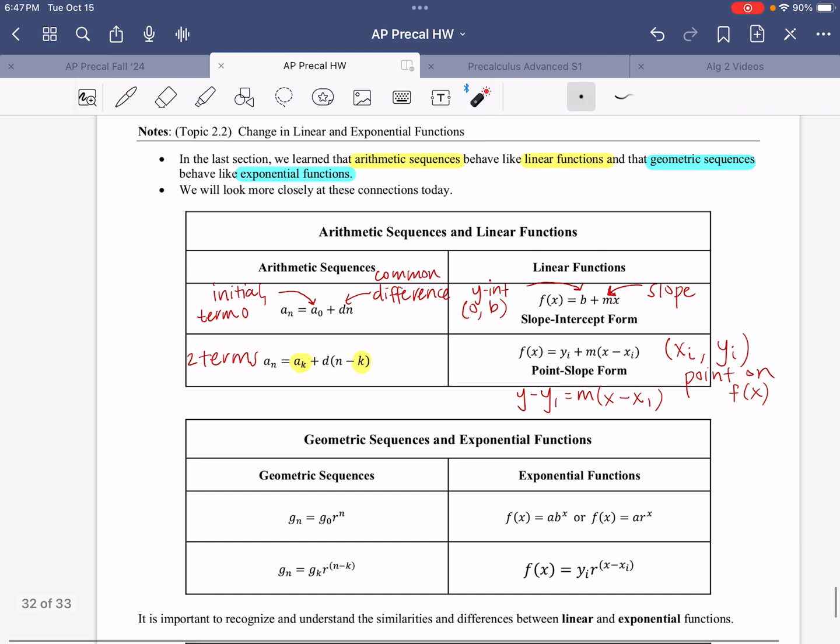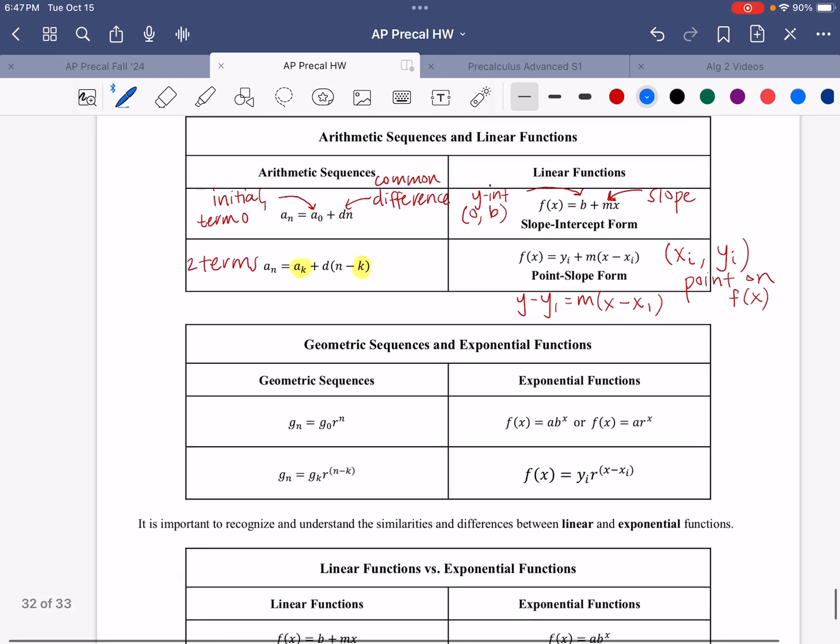Okay, so you can see how these equations are very similar to your arithmetic sequence equations, where we have an x and a y, or a term number and then the actual term itself somewhere in the sequence. So very much related. Let's look at the same thing for exponential functions. So let me switch colors here real quick. Blue sounds good.